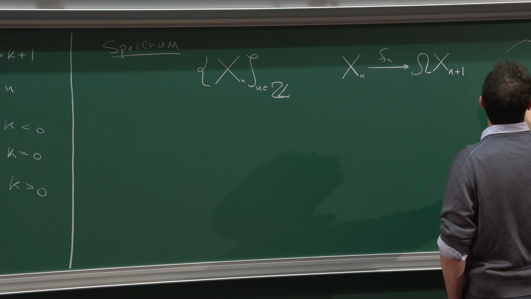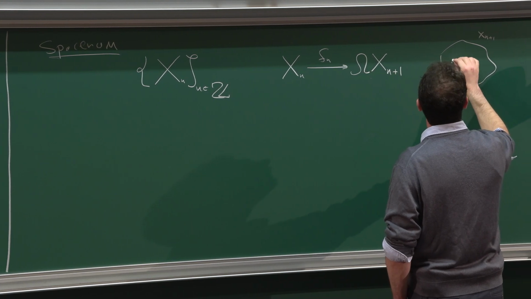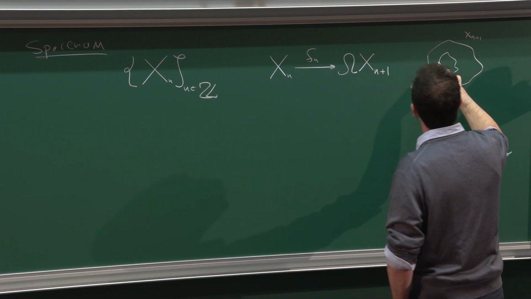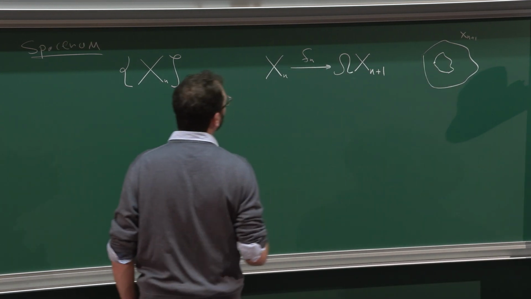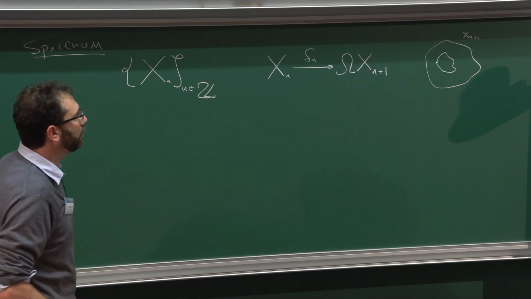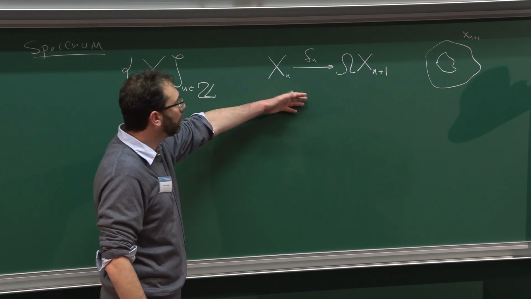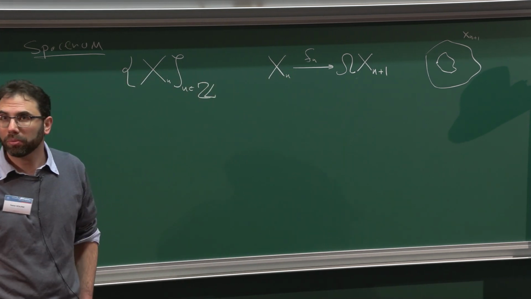So if this is X_{n+1}, it has a base point, and I'm considering the space of all loops that start at the base point using, let's say, the compact-open topology. And I ask for maps like so, and those maps don't need to be homomorphisms, but I want them to be a homotopy equivalence, to define an isomorphism on all homotopy groups.